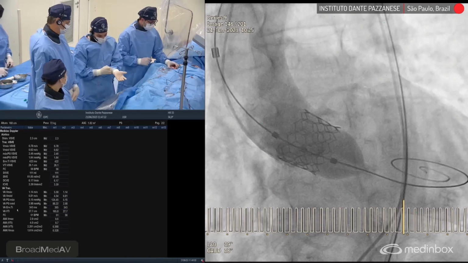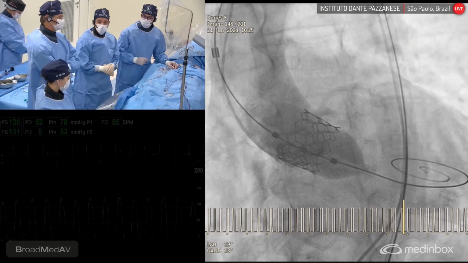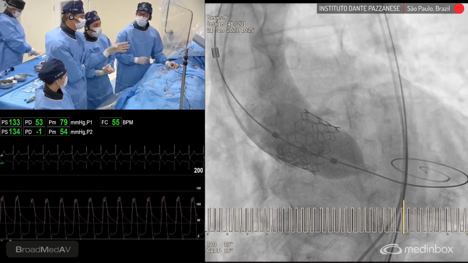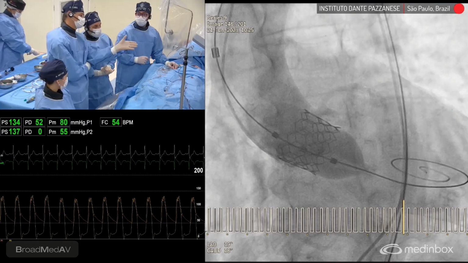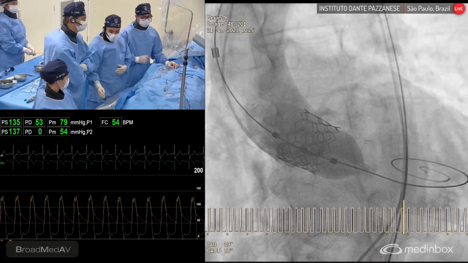So we are very careful about valve positioning and type of valve in patients, for example, with less than 80 years. In this specific case, you can see the valve is pretty close to the coronary takeoff.